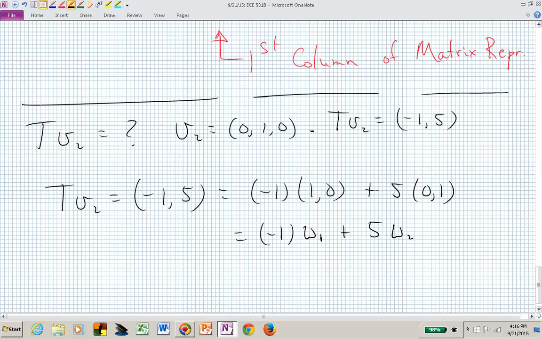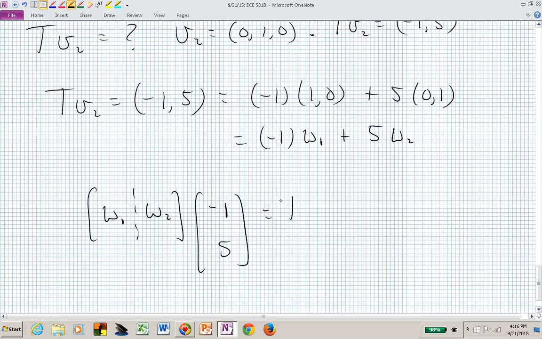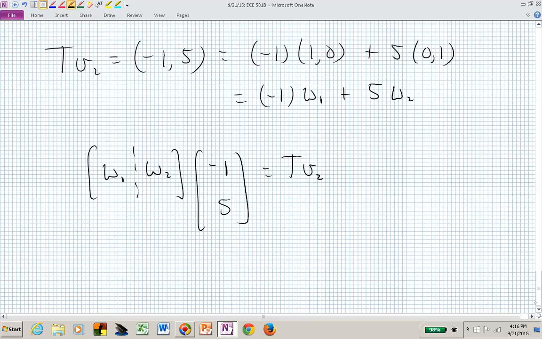Or if we do it again like we had done up above, we now have W1, which is this column, 1, 0. W sub 2 is the second column, 0, 1, stacked on top of each other. I can obtain TV sub 2 by scaling W1 by minus 1 and W sub 2 by 5.